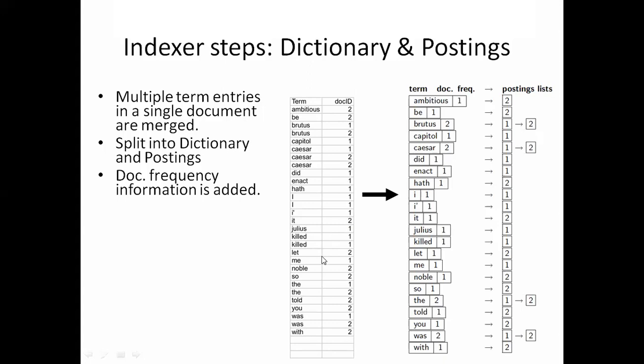If you check any other, suppose was, or killed, killed is 1 because it is in only one document.